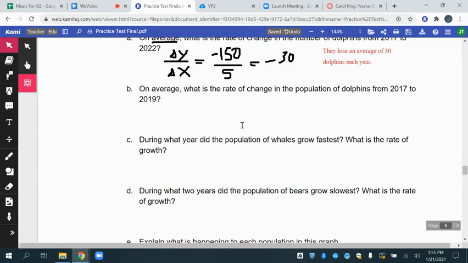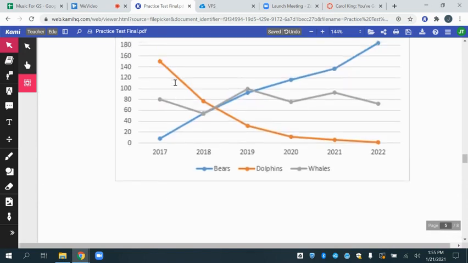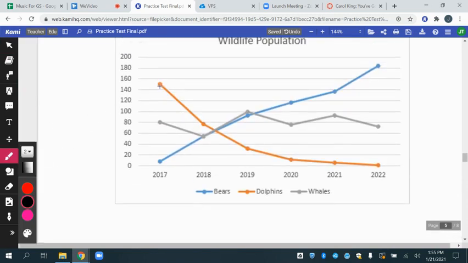So on average, what is the rate of change in population of dolphins from 2017 to 2019? Wow, that's a cool way to say it. So where's that? This is right from here to here, 2017 to 19. That is a lot steeper of a line than this one was, isn't it? Which means from 2017 to 19, they probably lost a lot more on average than in the other 3 years. And that makes sense.